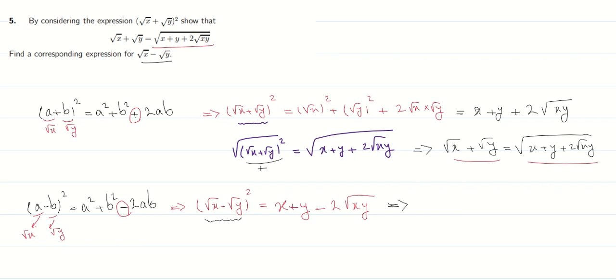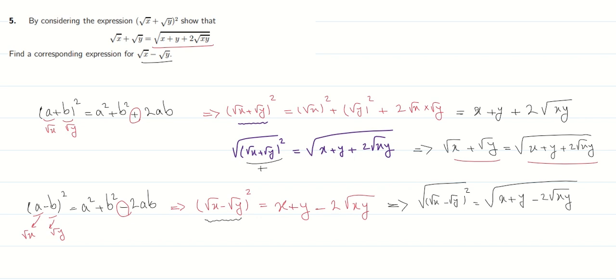So this one would be equal to the square root of x minus square root of y squared. And we take the square root from the right hand side as well, which would be equal to x plus y minus 2 times the square root of xy.